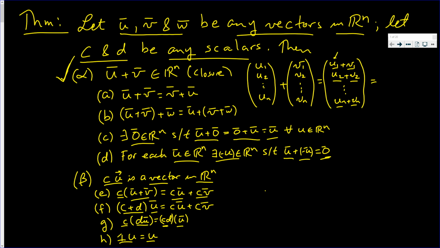Since these are real numbers, I can switch them. And since u2 and v2 are real numbers, I'm allowed to switch them all the way down to un plus vn. When I switch that, I get vn plus un.